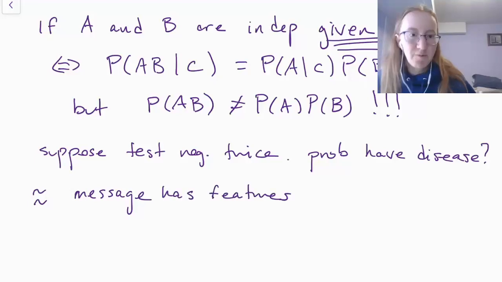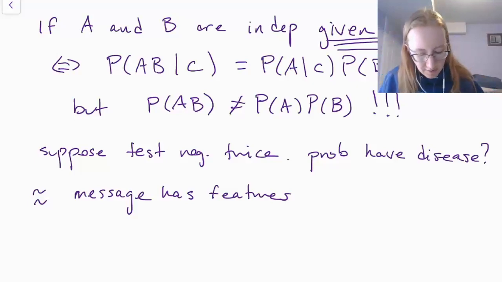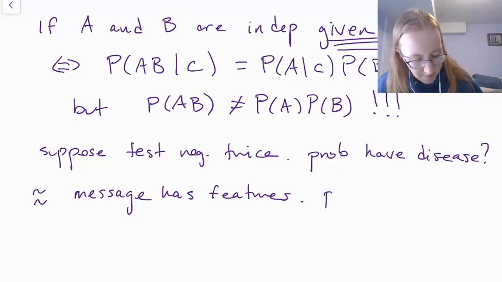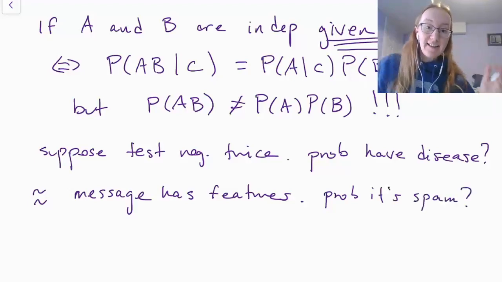We talked about failing an RDNS check and a couple of other things, being sent to over 100 people and having a link that doesn't send you where you're supposed to go. The probability it's spam. So again, this is the exact same thing that we're asking here.